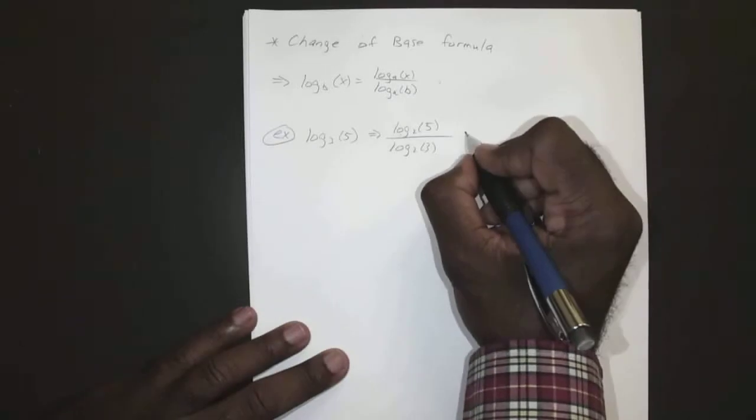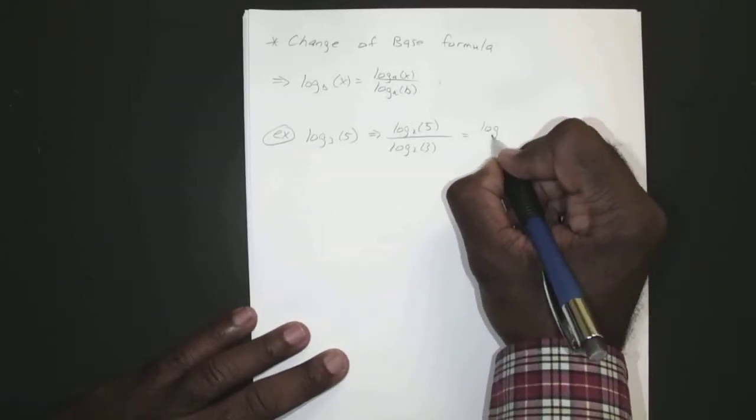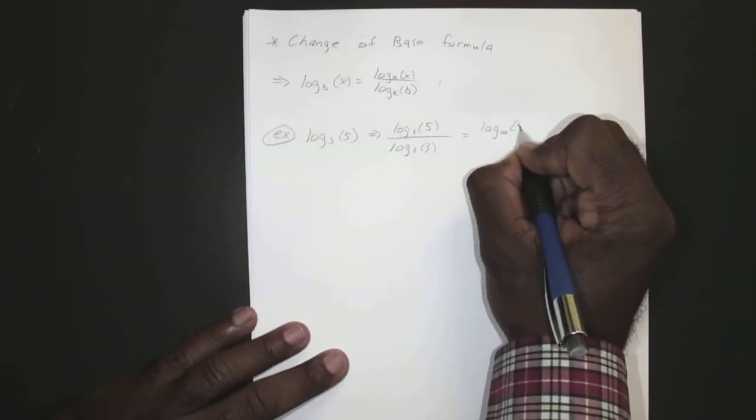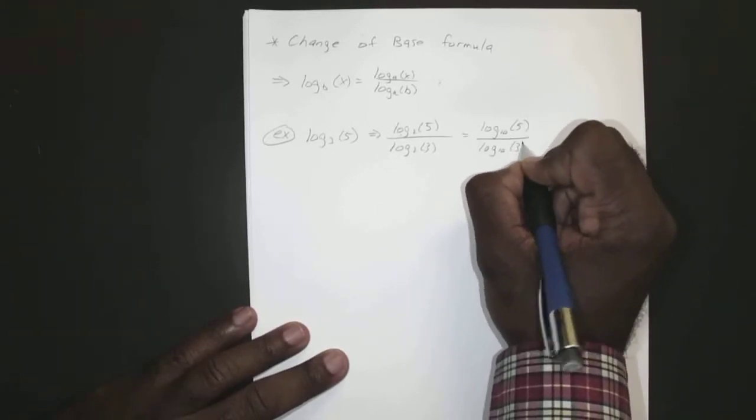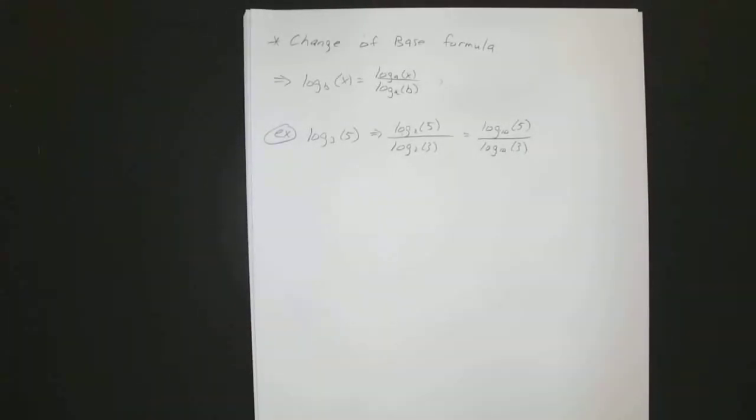Or if you wanted to, log base 10 of 5 over log base 10 of 3. Either one of those would give you the same answer.